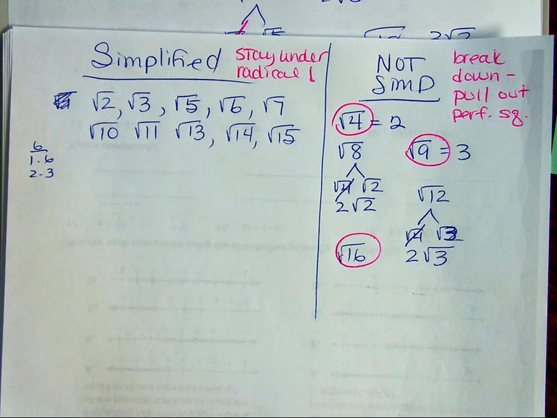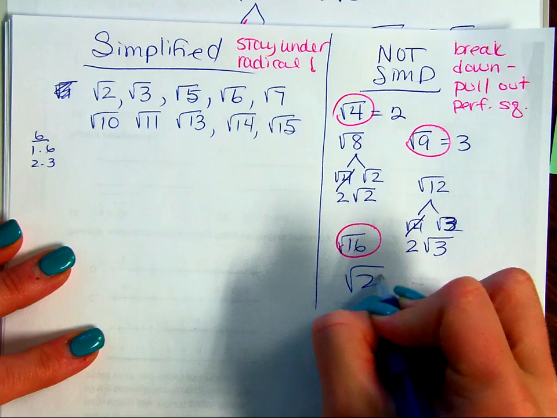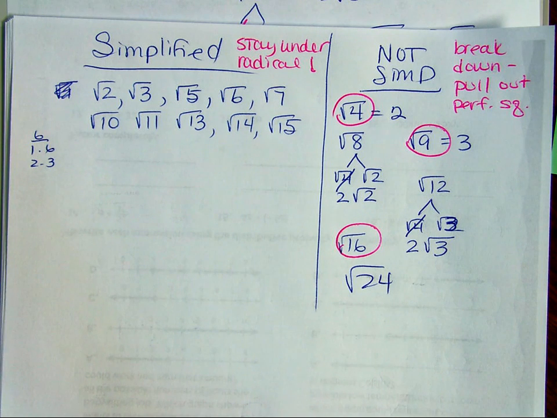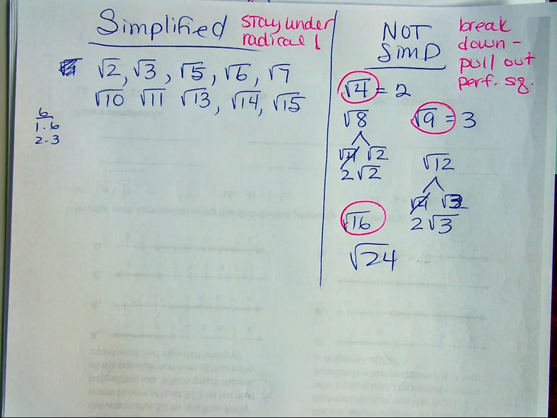But here's a big hint. 4 is going to be something you use a lot. If it's a multiple of 4, won't it be on the not simplified side? So 24 would go here because it has a factor of 4, which is a perfect square, right? Okay? Where do you think 50 would go?